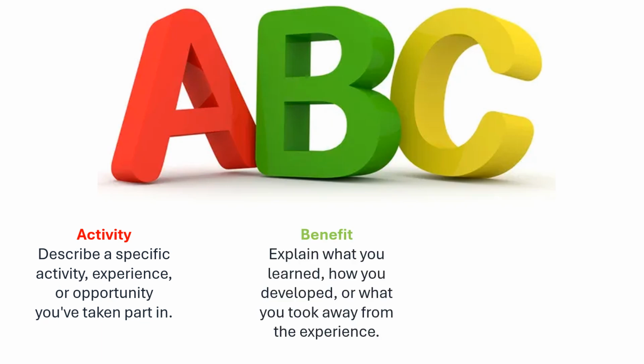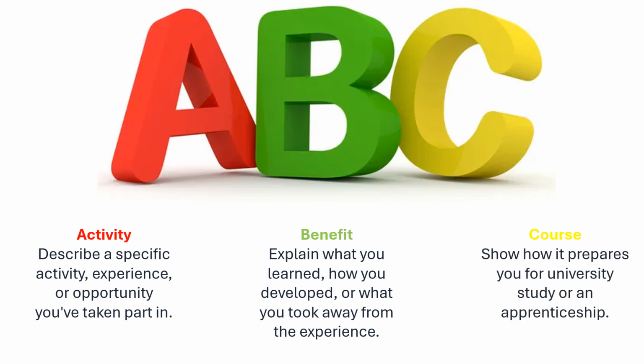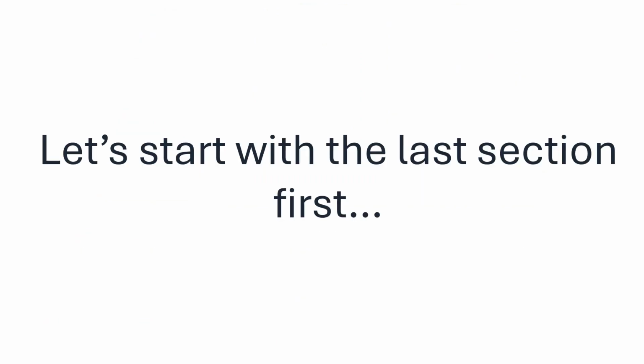B is for benefit, what you learnt from that activity, so how you developed or what you took away from the experience. Then C, you're going to link it back to the course or the apprenticeship and talk about how it's helped prepare you for that. We're going to have a look at some examples like this.